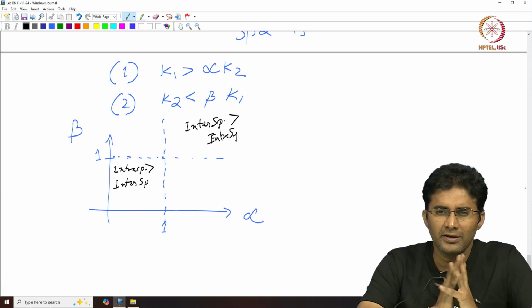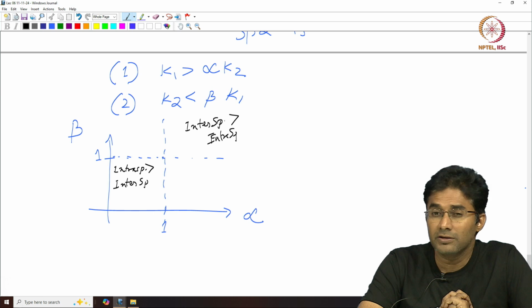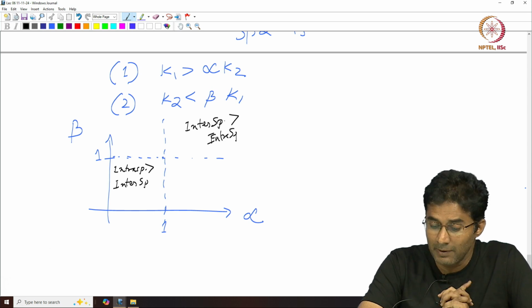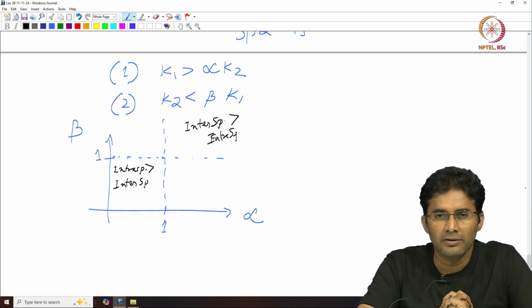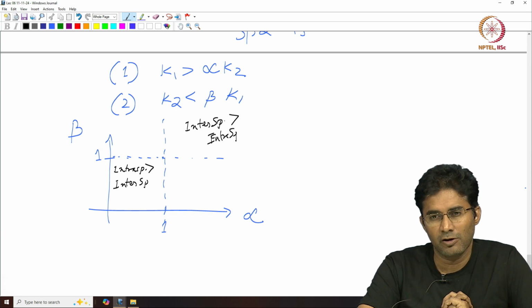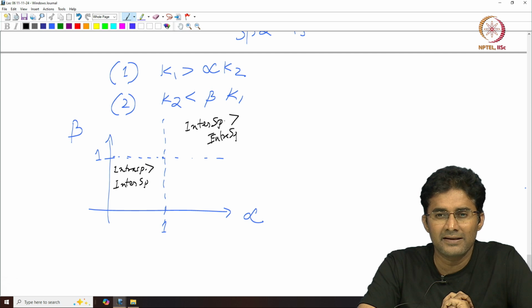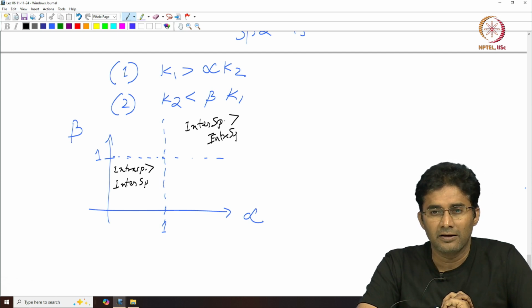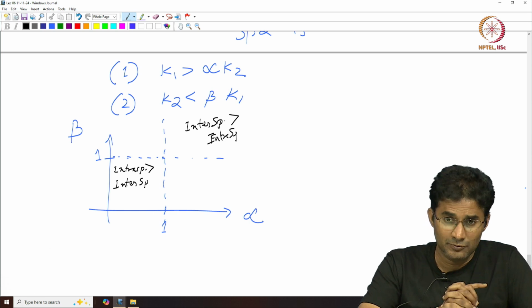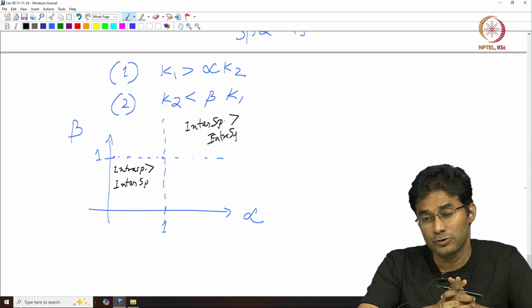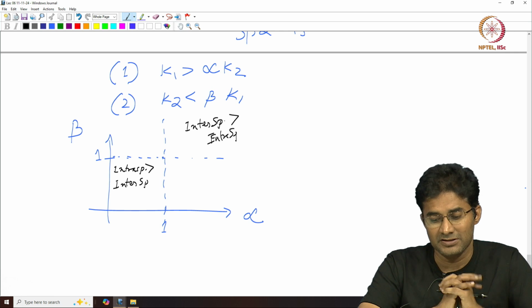Now, we made an intuitive expectation of what the outcomes are going to be, and it was a pretty reasonable expectation, but remember that in our intuitive expectation the K1 and K2 did not figure at all. The role of carrying capacities of both the species did not figure at all, and that came only because we were able to mathematically and rigorously analyze and find out the conditions when species 1 can invade species 2, species 2 can invade species 1 or vice versa.